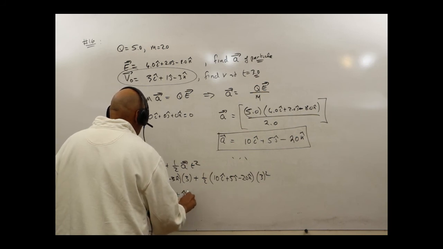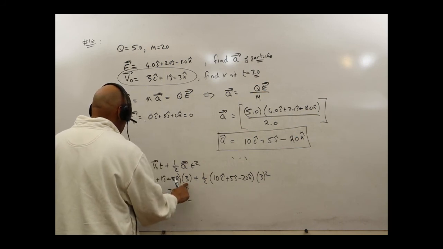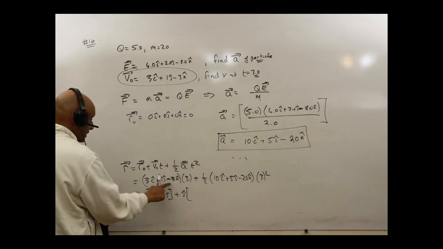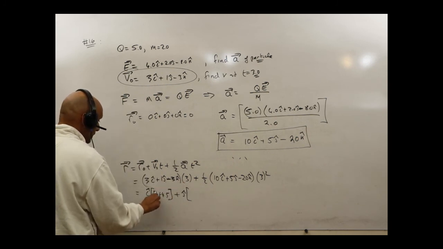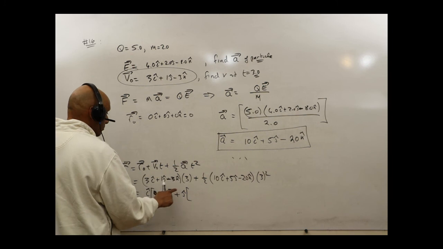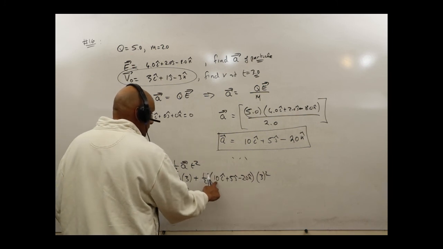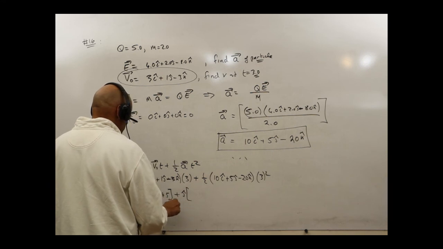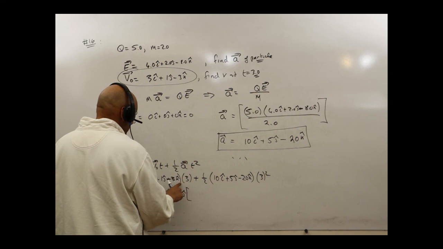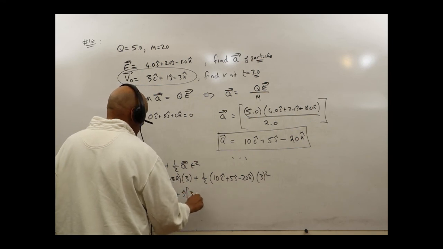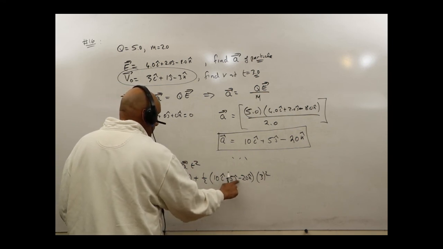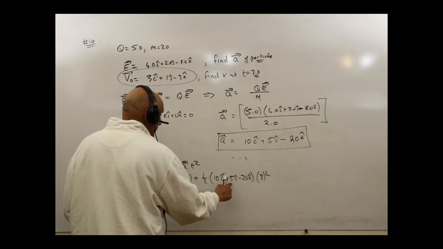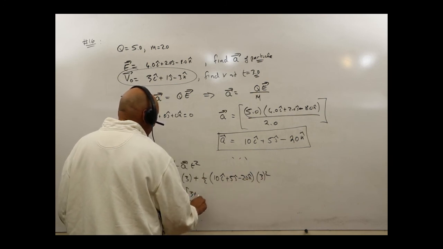Oops, I made a mistake. 3 times 3 is 9, so this is supposed to be 9. Let's double check the i component: 10 times 9 is 90, divided by 2 is 45, so that's correct. Here's the j component, which is 1 times 3, so that's 3. And the j component here is 5 times 3 squared, 9 times 5 is 45, 45 divided by 2.